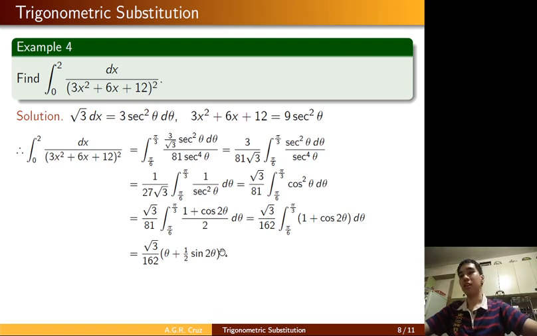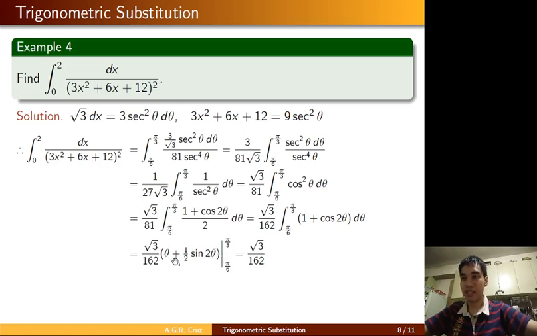Okay? So you have here theta plus 1 half sine 2 theta evaluated from pi over 6 ngayon up to pi over 3. Okay? Tapos, what do we do to evaluate this definite integral? You replace theta here with pi over 3 minus the same thing with theta replaced by pi over 6. Okay? So you have this one, square root of 3 over 162.